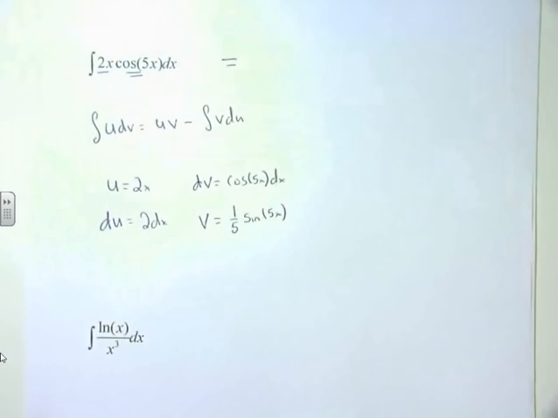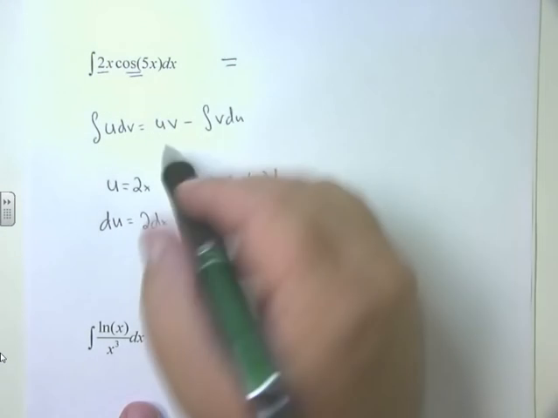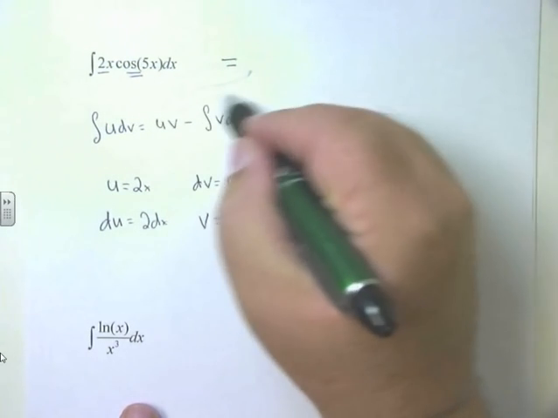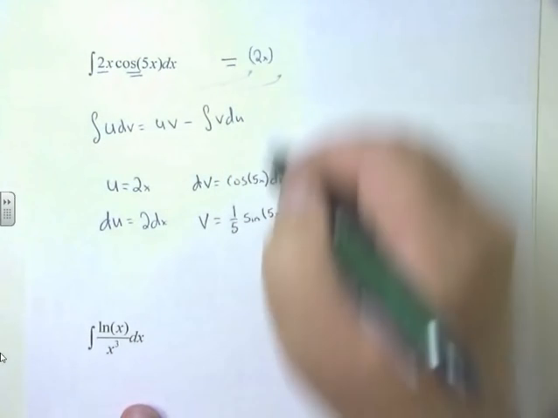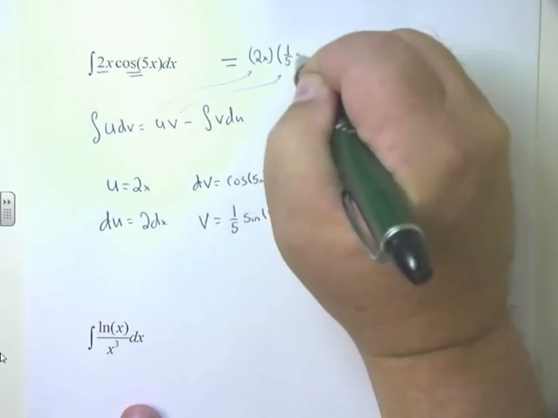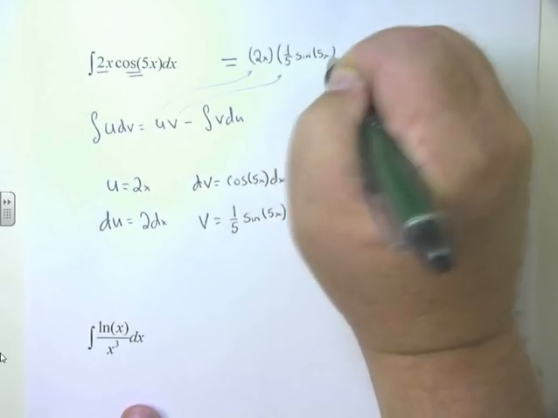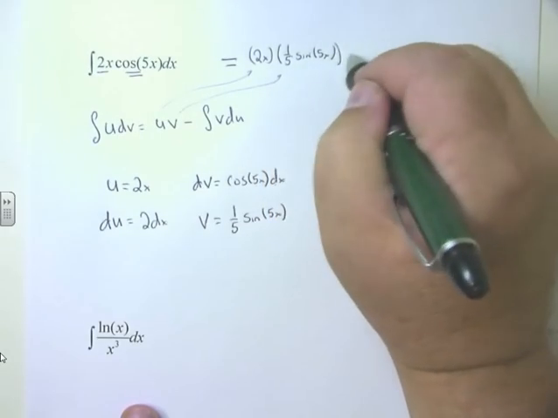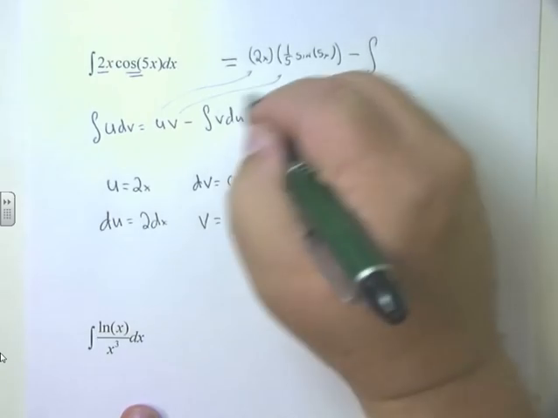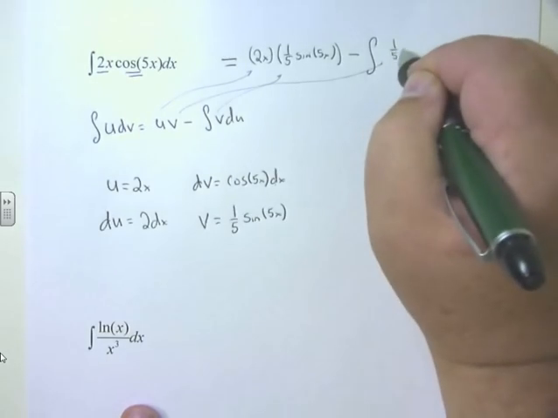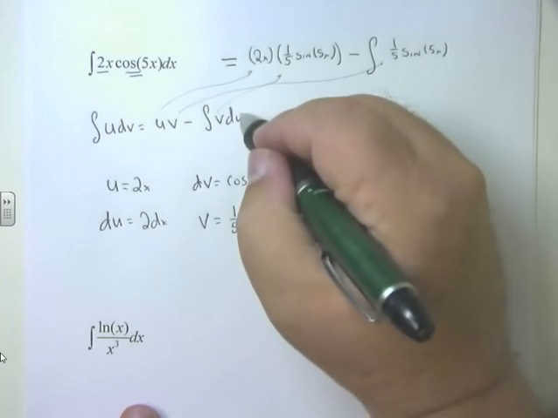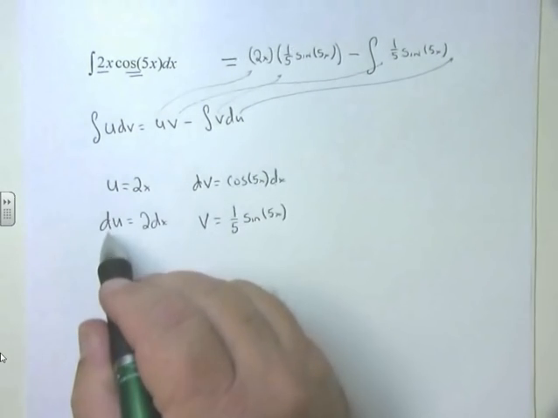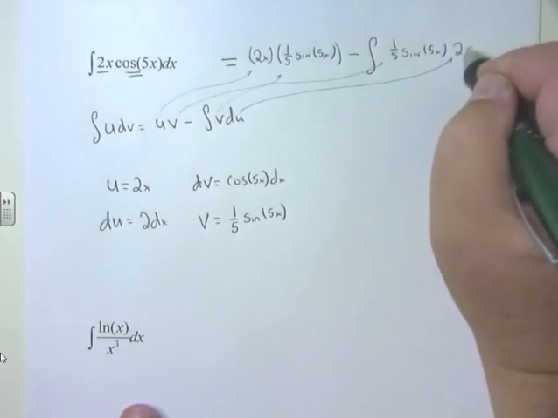So this integral of 2x cosine of 5x dx is going to be equal to u times v. That'll be 2x times 1/5 sine of 5x minus the integral of v, which is 1/5 sine of 5x, and then plugging in du, and du is 2 dx.